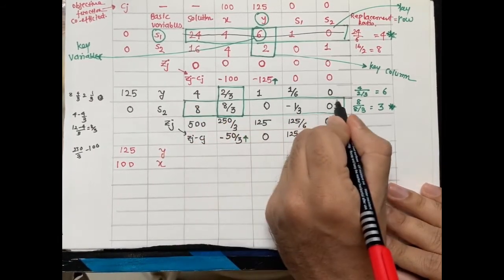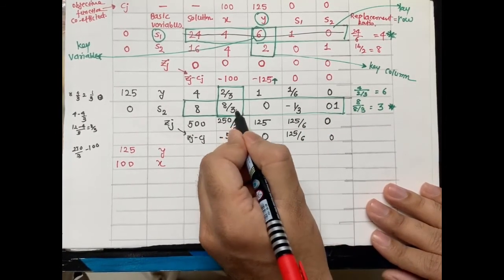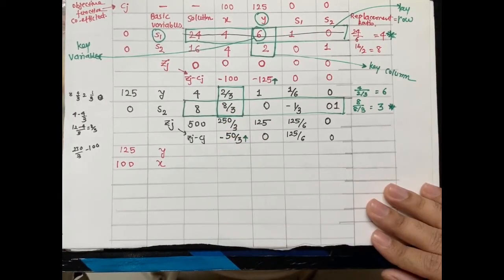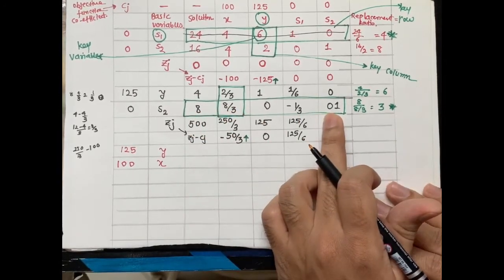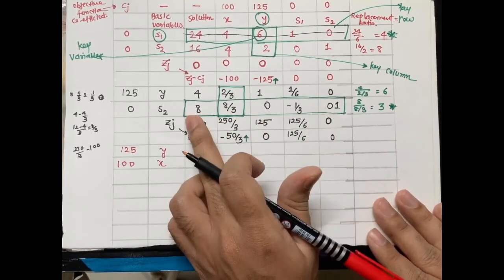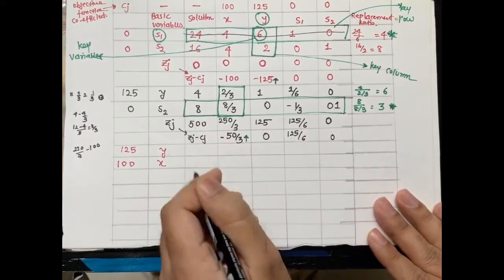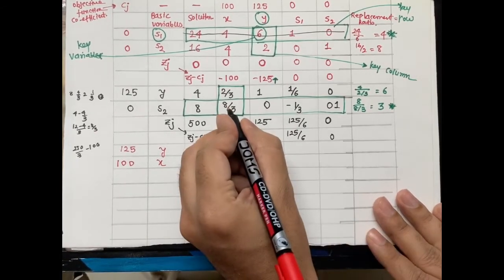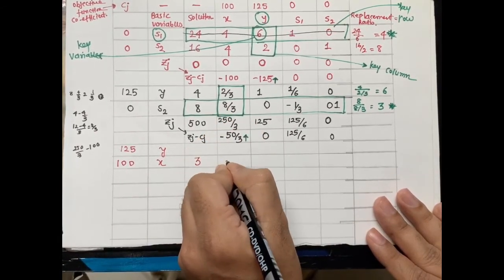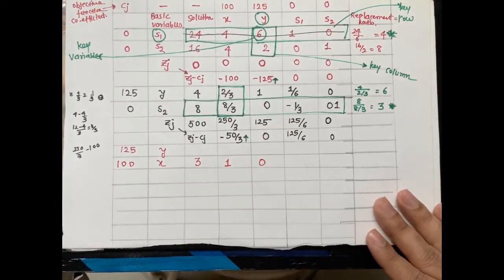Now first I have to perform the operation over here for this row. The rule is very clear that the key variable must have a unity value. So how can I get the key variable as a unity value? If I divide this entire row by 8 by 3. If I divide 8 by 8 by 3, that we have already done, so I get 3. 8 by 3 divided by 8 by 3, so that I am getting as a 1. 0 is divided by 8 by 3, so that is 0.